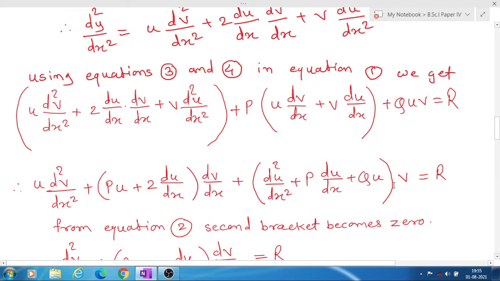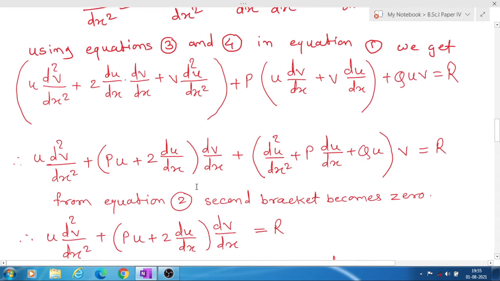plus now terms of only v. So in first bracket the term is d2u by dx square into v. So we take common, here remains d2u by dx square and plus in second bracket this is p into v into du by dx.